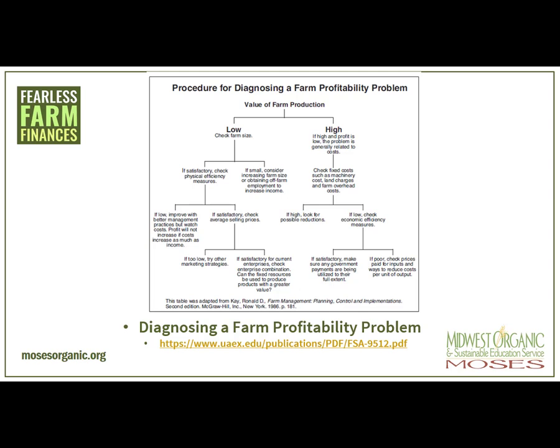I'm not going to go through it in great detail, but just understand that we start out at the top of this chart with the value of farm production. If it's low, we follow down the left-hand side. If it's high, we follow down the right-hand side. It's a great little tool to get you thinking about, wow, this I'm doing good, this I'm having some trouble with. It's a good way to step back and look at, wow, I'm having a profitability problem, but I'm having a hard time figuring out why. Use this chart.